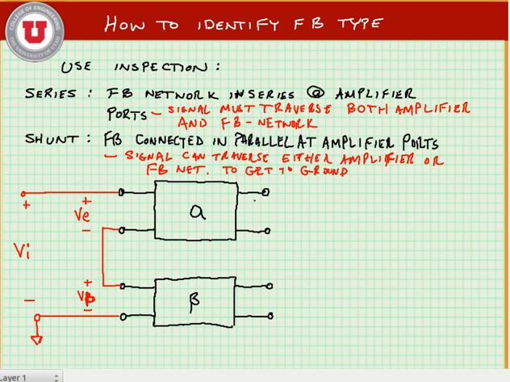In this case, you can imagine our amplifier here is feeding our signal to an output, V sub O, and we would connect that output and amplifier in parallel with the feedback network that consists of beta.